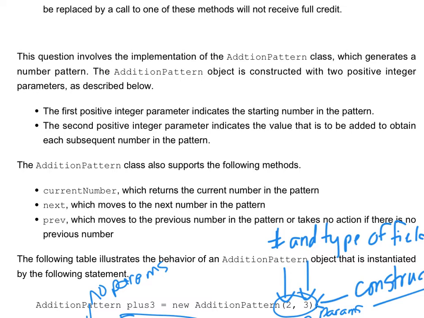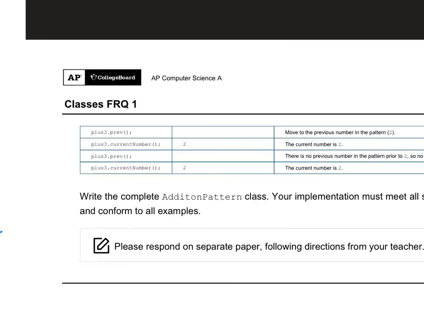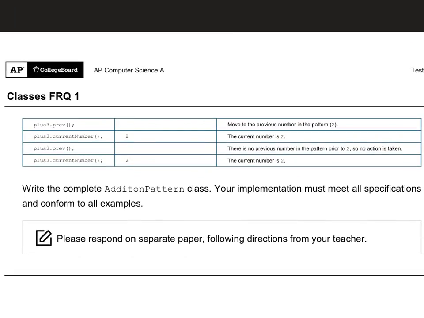It seems obvious to me, so I guess I question that. But they're creating an addition pattern of positive numbers. So if we go backwards, if you go negative, it's not going to be positive. So that's what we need to check for with previous.